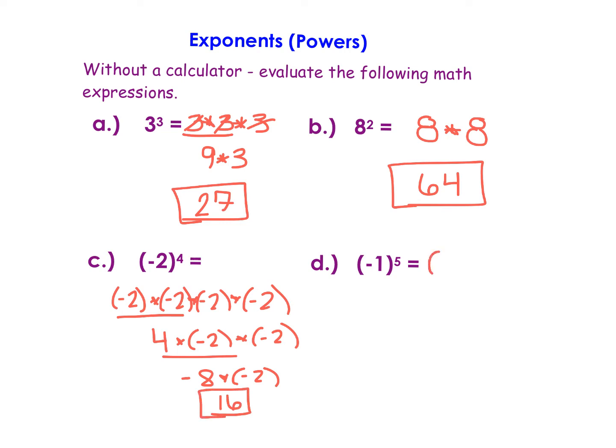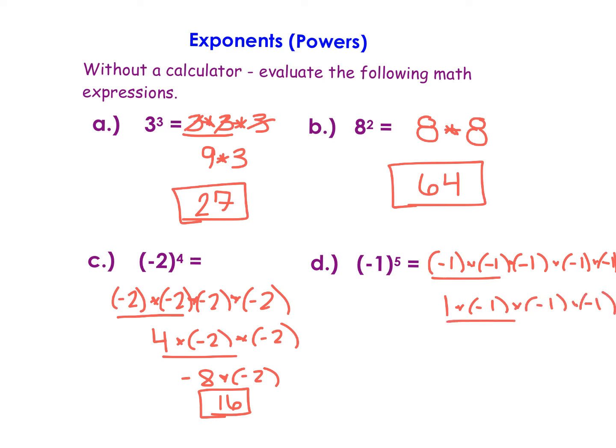And then finally here we have negative 1 times negative 1 times negative 1 times negative 1 times negative 1. So I start from left to right. -1 times -1 is a +1. So I still have 3 more that I need to evaluate.